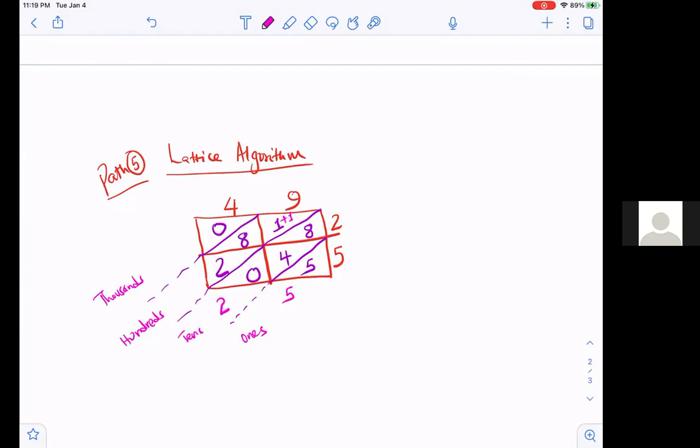Then we have 1 plus 1 is 2, 2 plus 8 is 10, 10 plus 2 is 12, and that is 12 hundreds. 12 hundreds means 2 hundreds, and then 10 hundreds. 10 hundreds is equivalent to 1,000. And whatever we have written along here gives us our final answer.